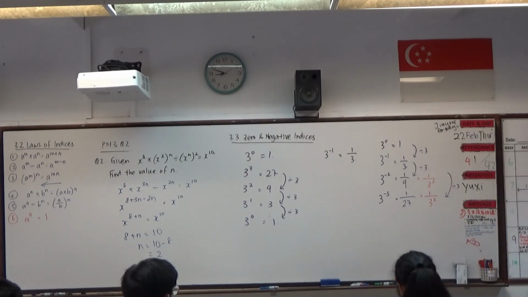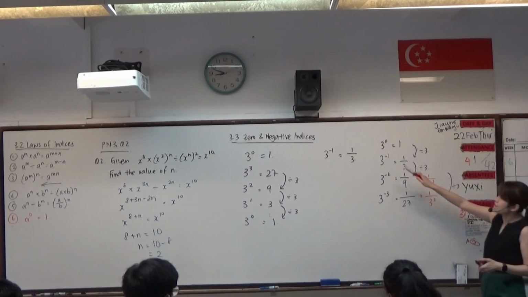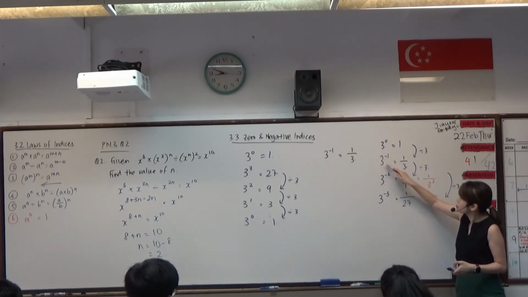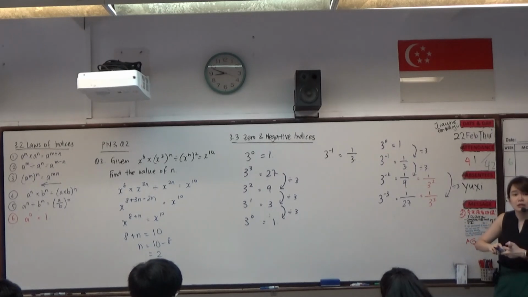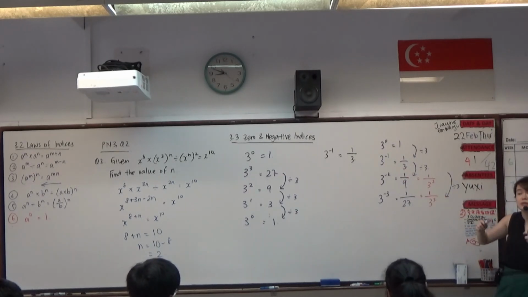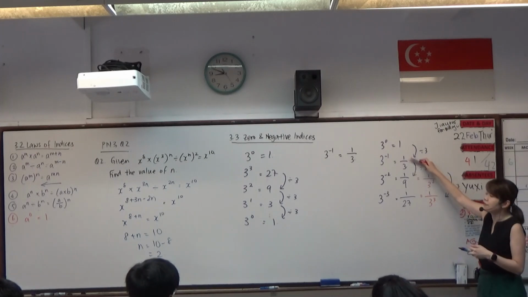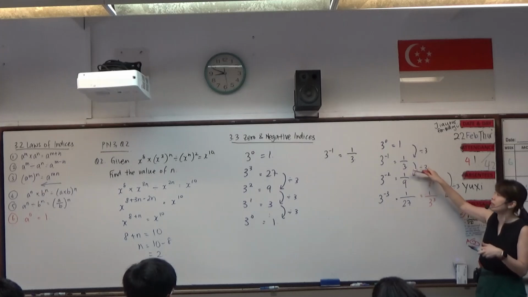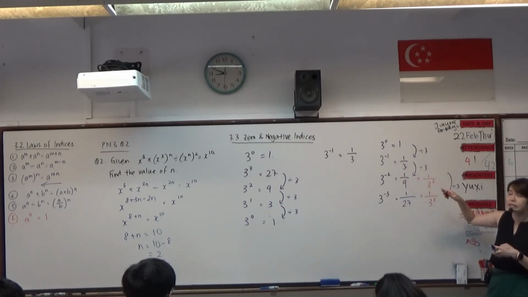So what we see and understand is that the effect of the negative sign brings the base to the denominator. In other words, it's as though it's shifting along the fraction, from numerator to denominator, or denominator to numerator.